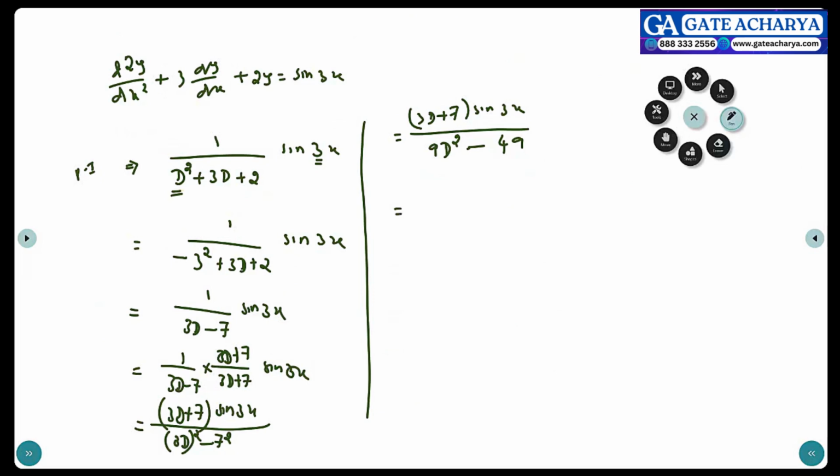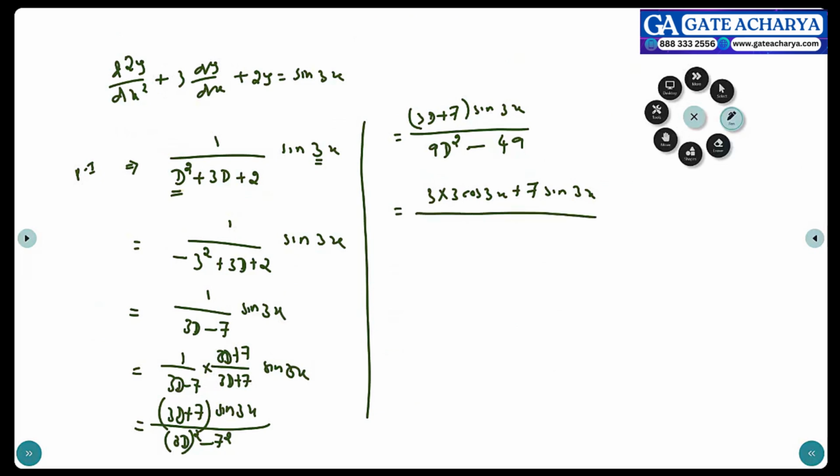So that is equal to 3 times the derivative of sin 3x, which is 3 cos 3x, plus 7 sin 3x.